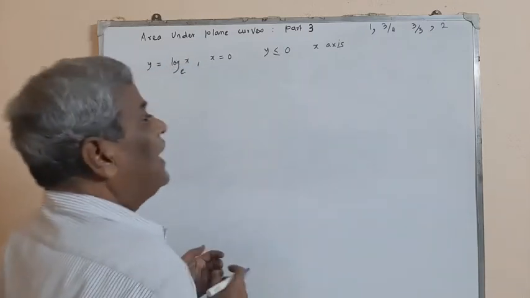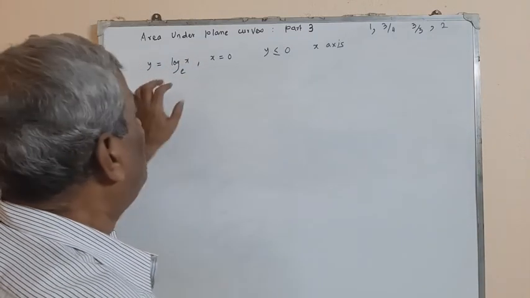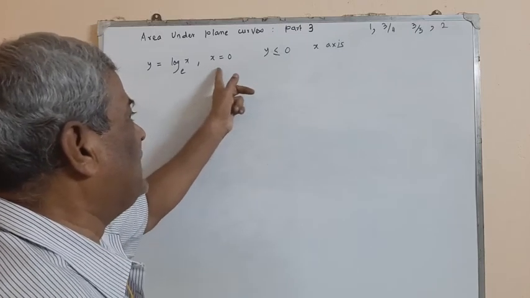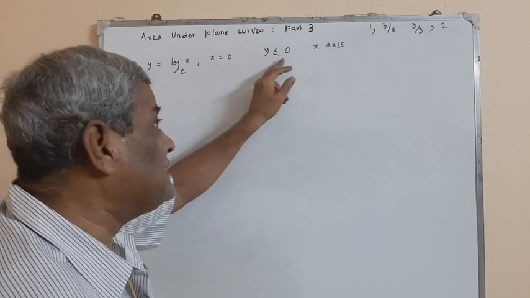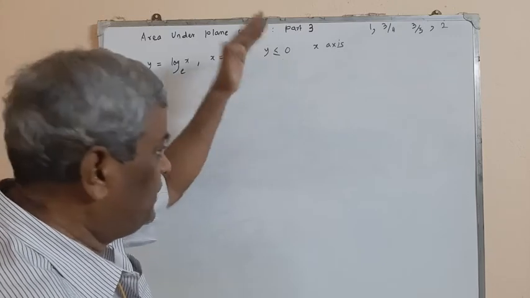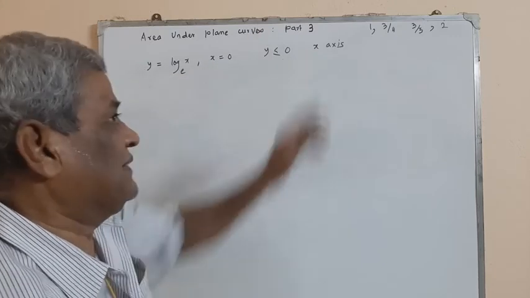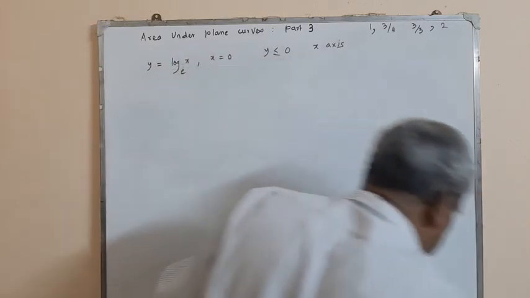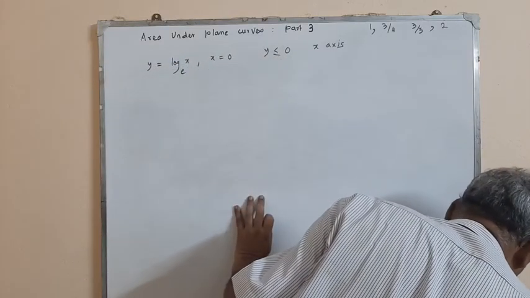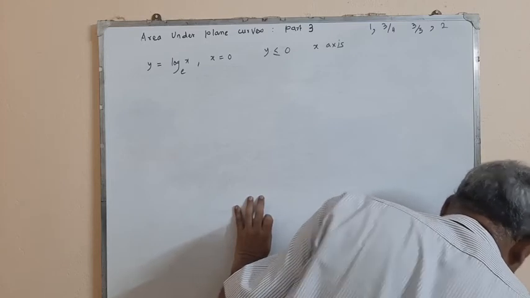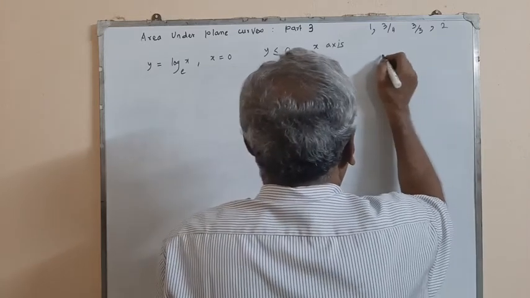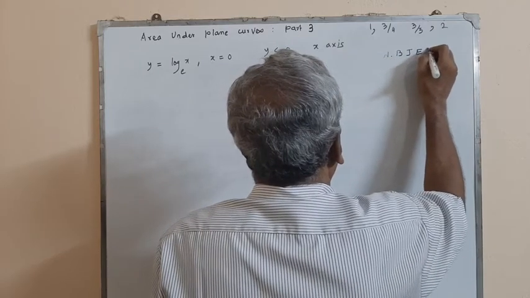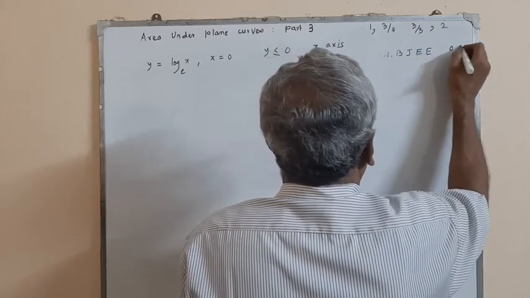First of all, in the problem one curve is given. This is actually the y-axis. This is y less than or equal to 0, that is below the x-axis, and the x-axis. First of all, let us try to draw. That problem was given in the WBJEE in the year.